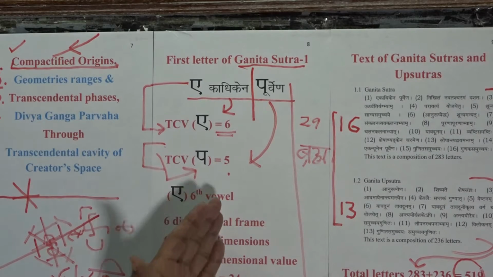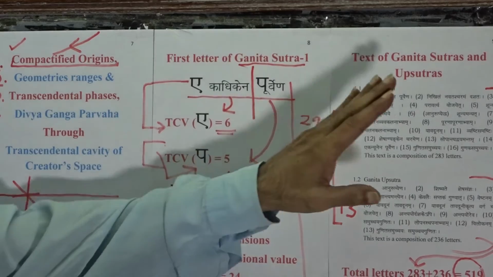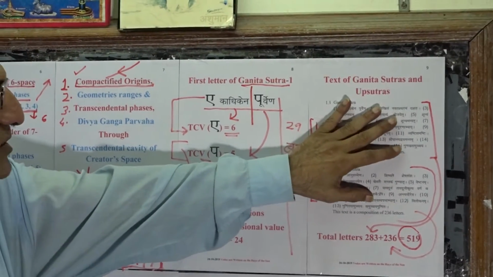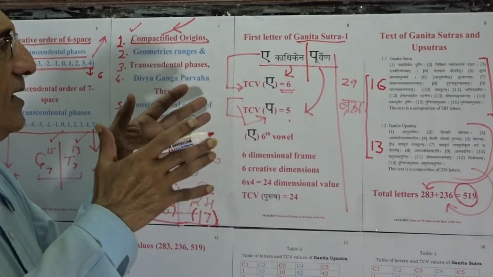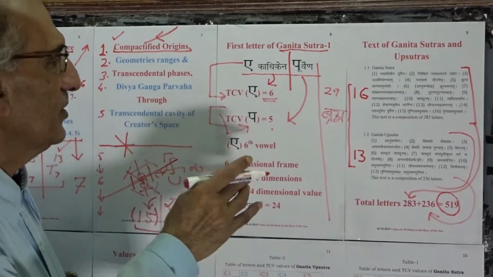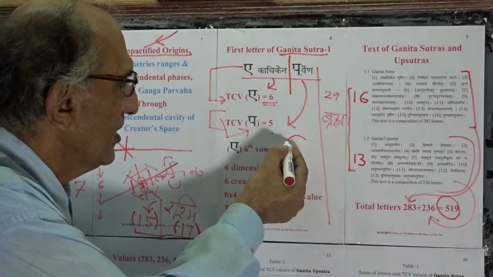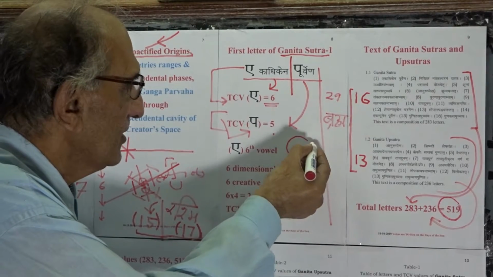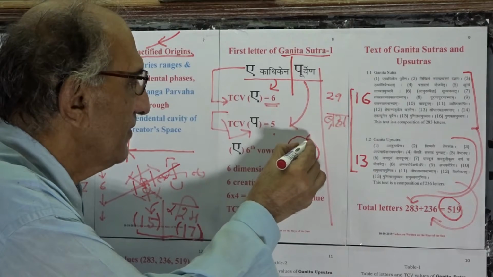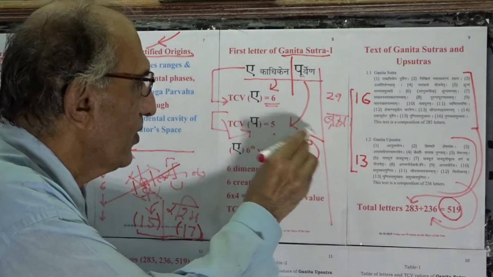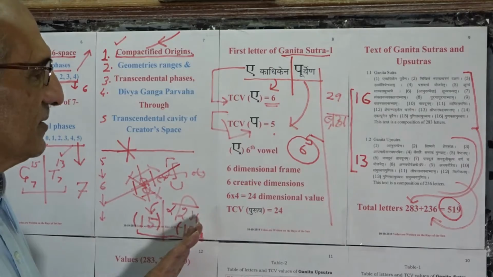As such, the mathematics of Ganita Sutras and Upsutras will be the mathematics of the reach at the solar universe 6 space as a domain, which is enveloped within a transcendental boundary of 5 components.